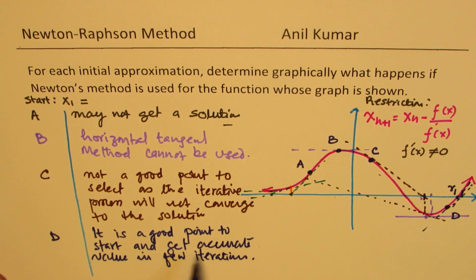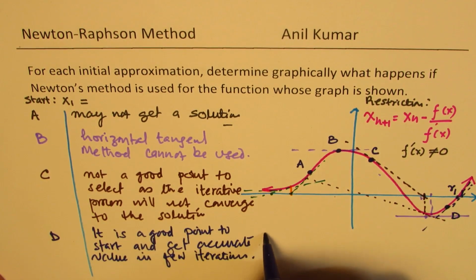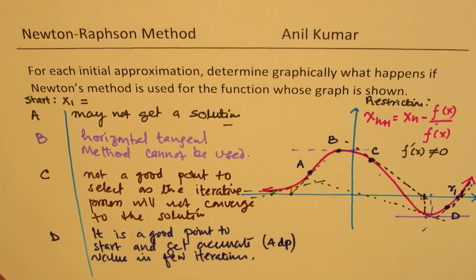Whenever we say accurate values, we may say, let's say, 4 decimal places, or 4, 8, whatever. So you can get a very accurate value, not exact, approximate, in a few iterations, correct?